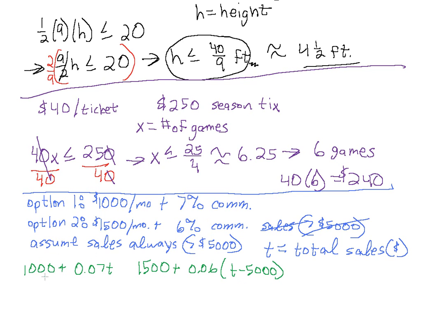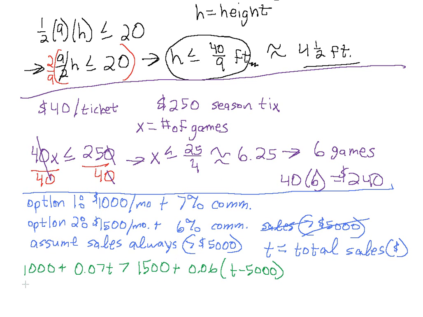So let's go ahead and compare option one and option two. The question we want to know is for what amount of sales is the first option better than the second option? So we can also say this as what values of t make the left side greater than the right side? So what amount of sales make the first option greater than the second option? All right, and this is what we want to find. So let's go ahead and solve this.